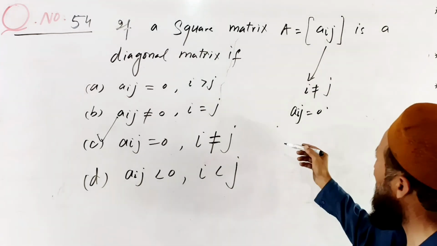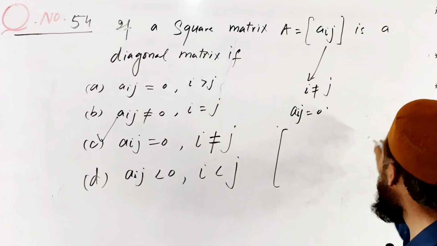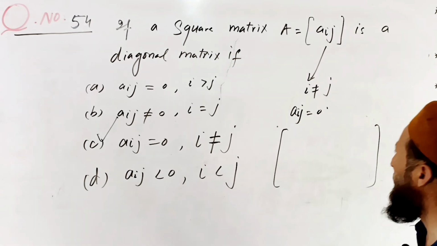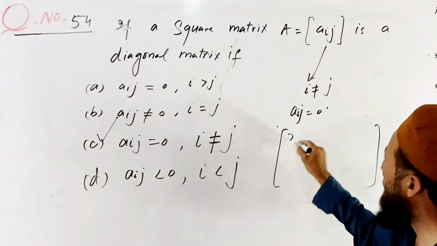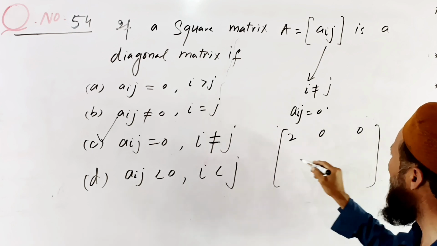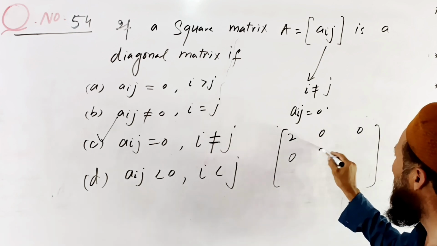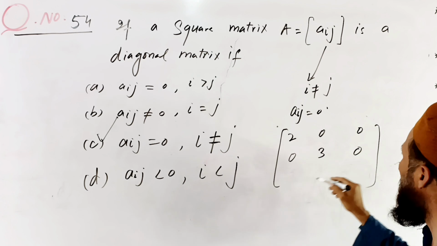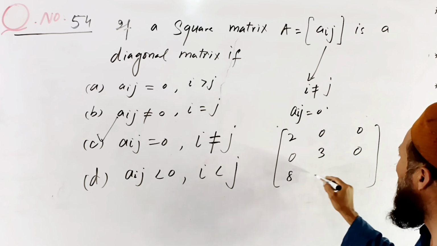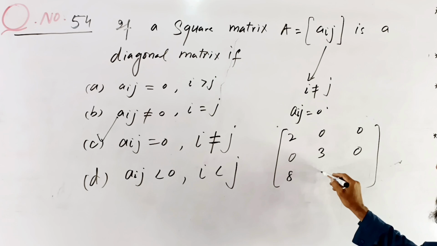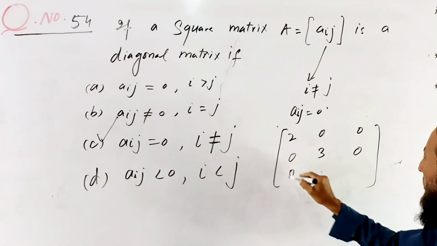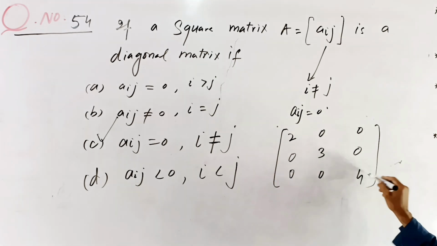So here diagonal matrix means the main principal diagonal values. For example, taking one of the matrices: 2, 0, 0 and 0, 3, 0 and 0, 0, 4.